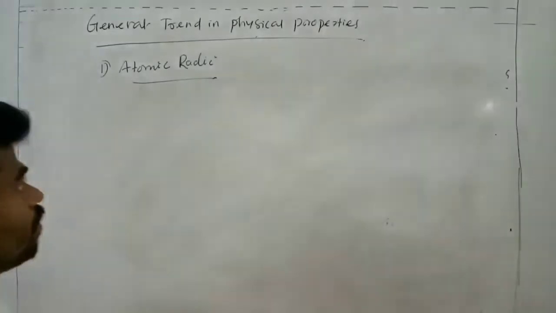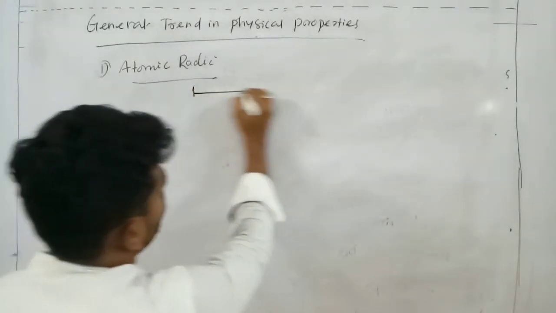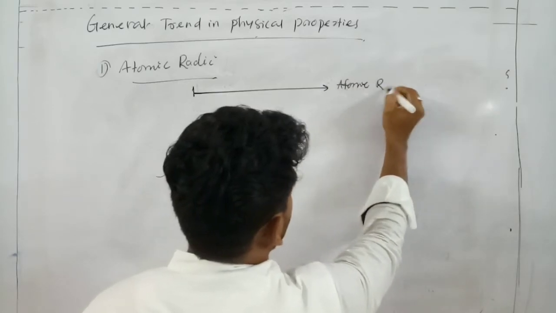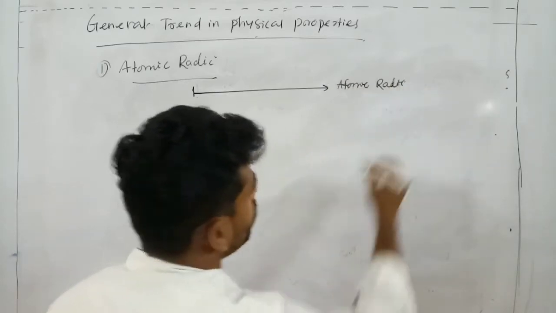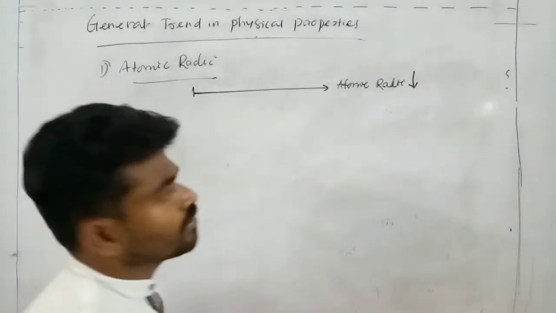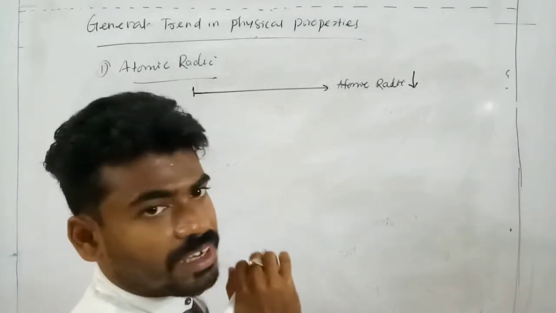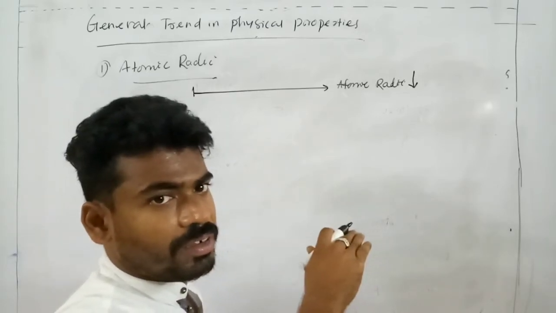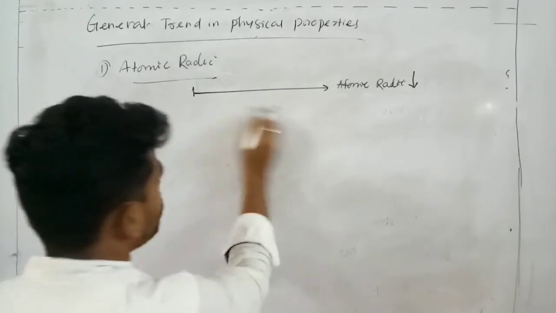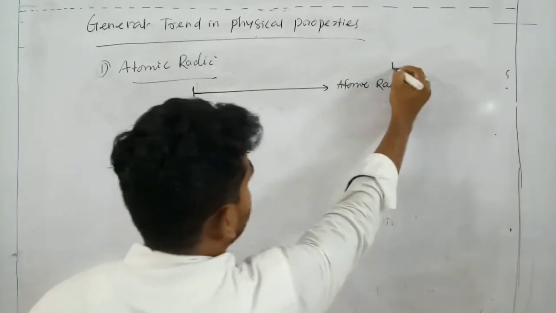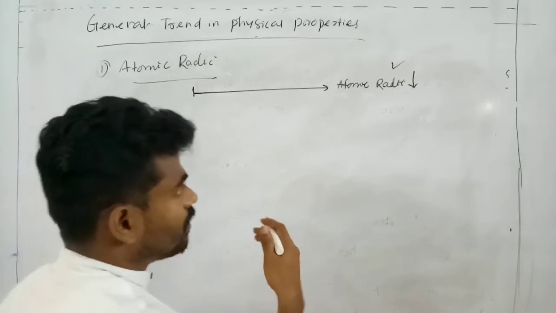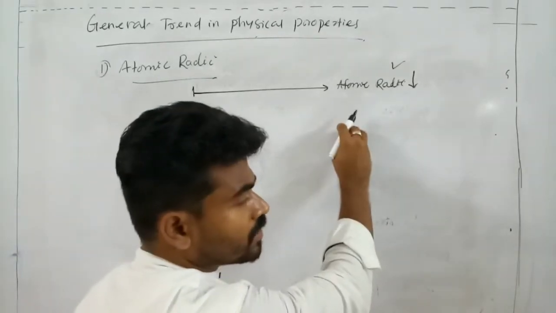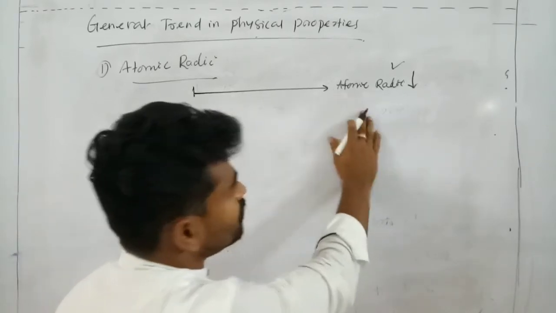Whenever you are moving from left to right in a period, atomic radius decreases. So from this it is clear that each noble gas has the smallest size in its respective period. That's why the atomic radius of a noble element in its particular period has the smallest size.